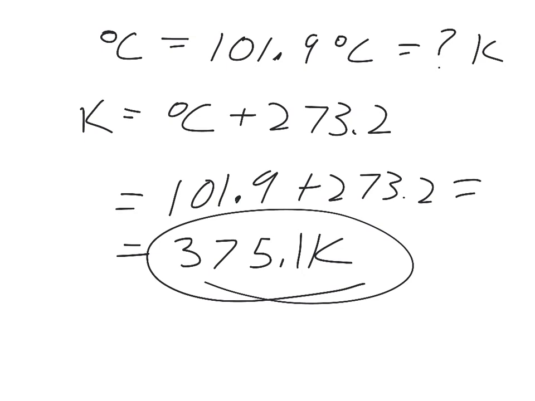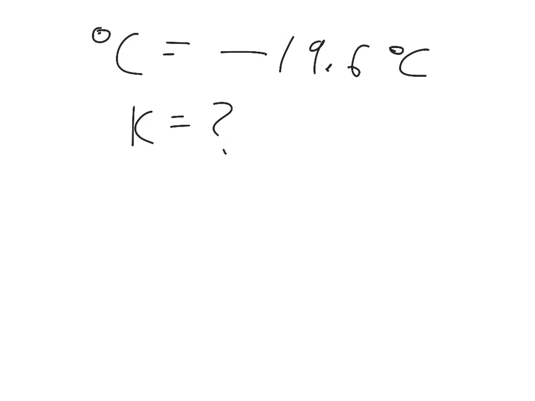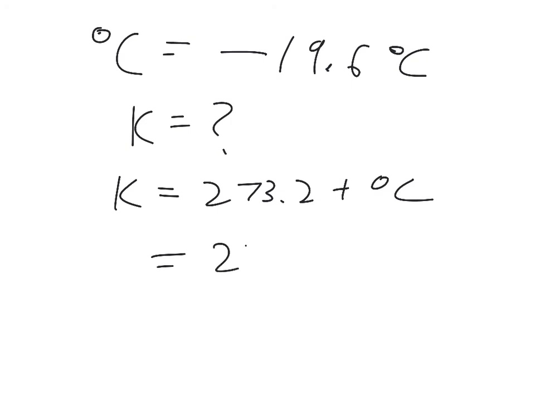One more example. You may, because you're using some ice water, wind up with a negative temperature. So let's say we have a temperature of a negative 19.6 degrees Celsius. What's our temperature in Kelvin? Well, remember our temperature in Kelvin is 273.2 plus our temperature in Celsius. So 273.2 plus a negative 19.6 degrees Celsius.